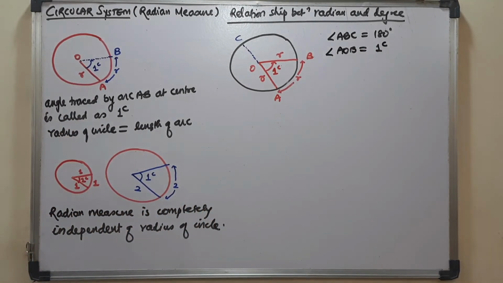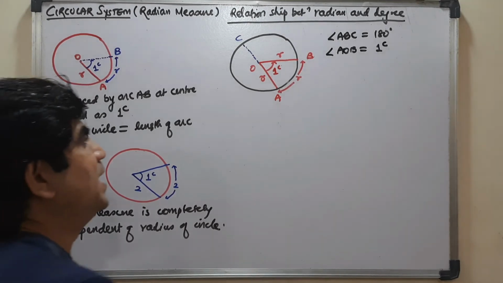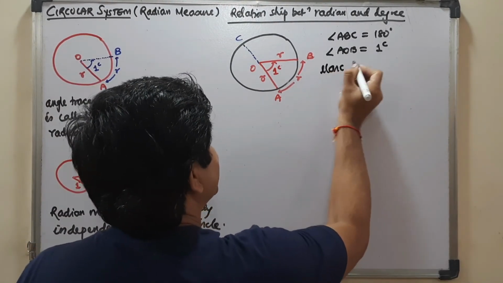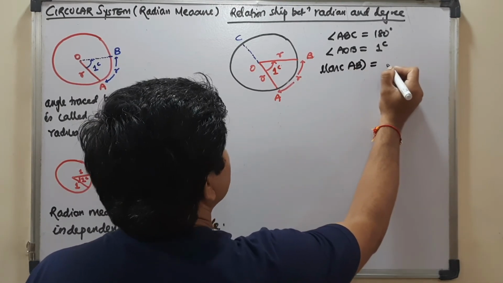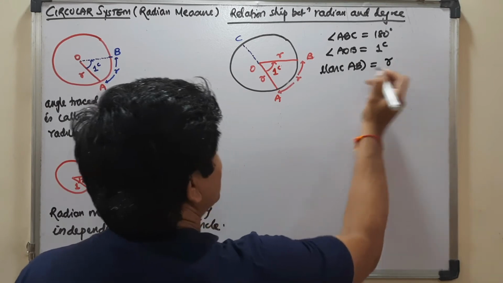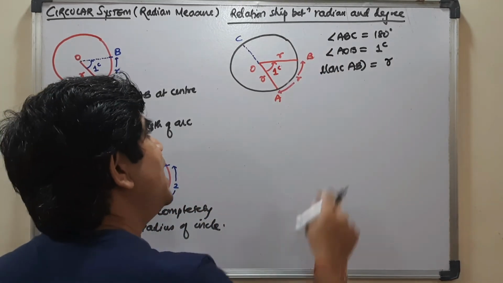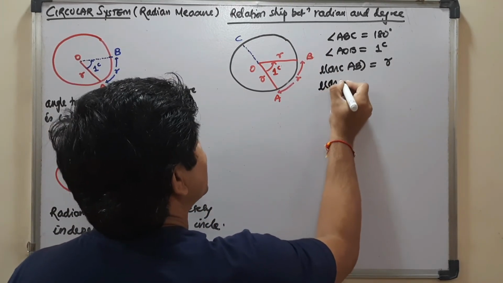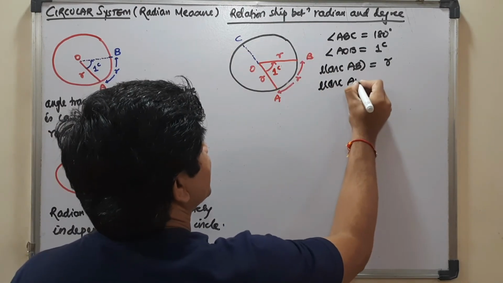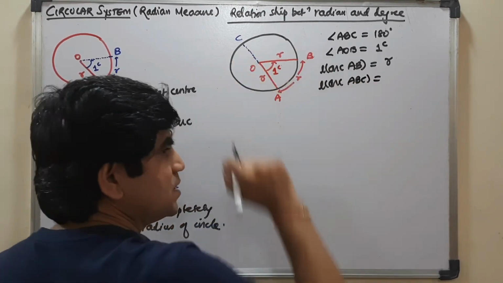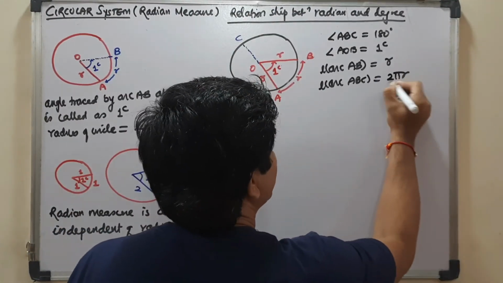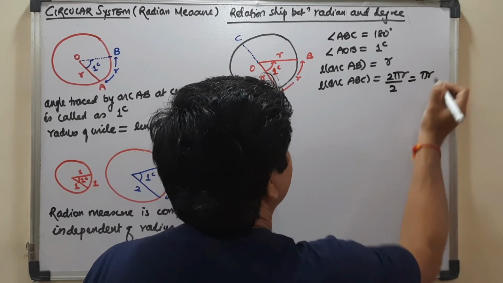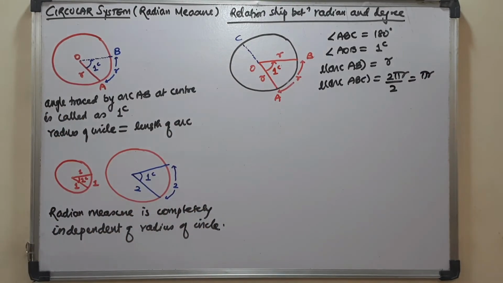So let us see the relationship. The length of arc AB is equal to r, correct? And what will be the length of arc ABC? It is half of the full circle, that is 2 pi r divided by 2, which is only pi r. So there is some relationship established between them.